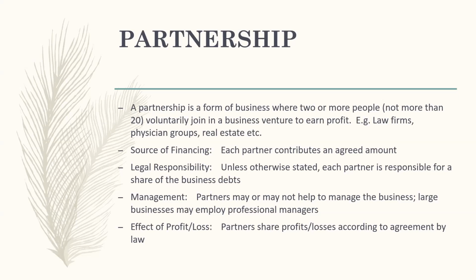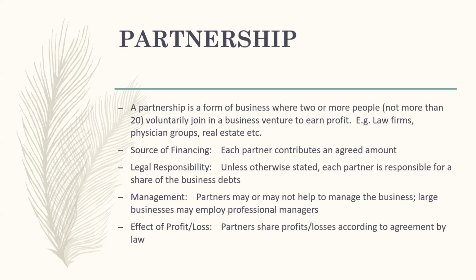So the agreement will state, if 2 out of 3 people are taking an active part in the partnership, you can say that with 3 people, each will get more or less 1/3.